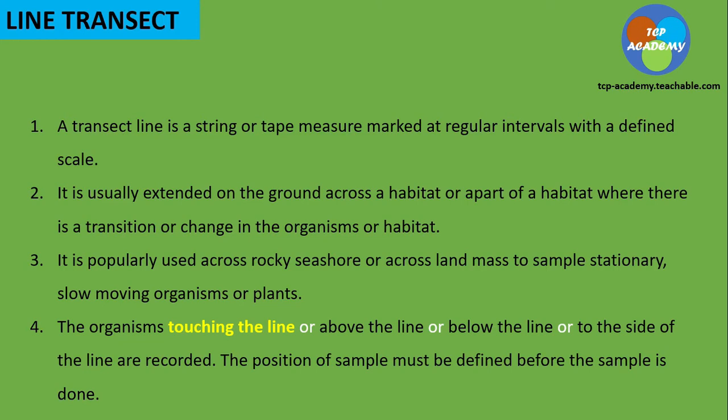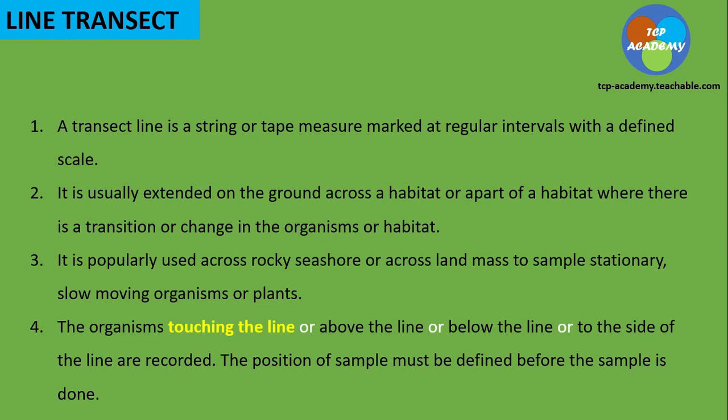It is usually extended on the ground across the habitat or part of the habitat where there is a transition or change in the organisms or the habitat. It is properly used across a rocky seashore or across landmass to sample stationary, slow-moving organisms or plants.